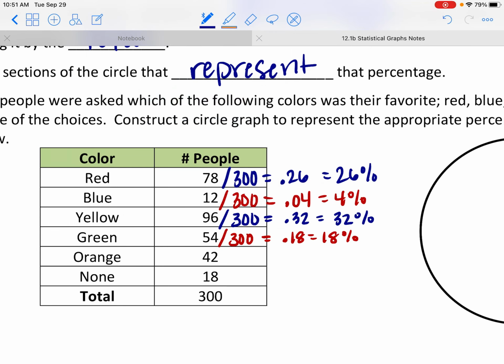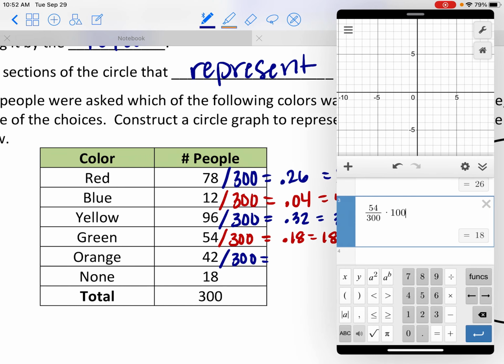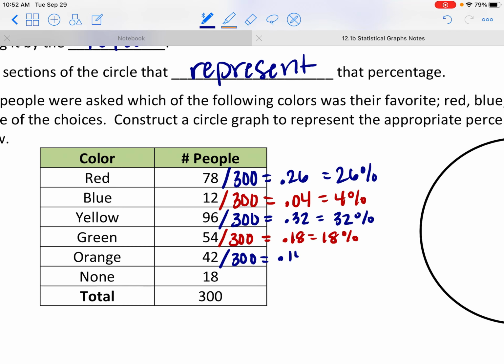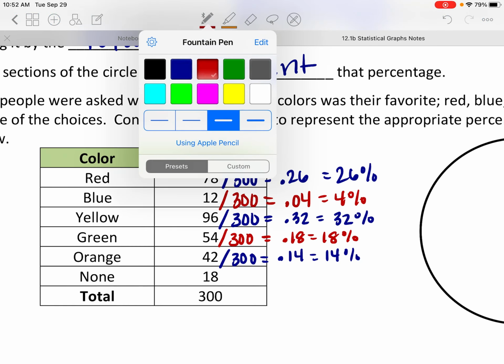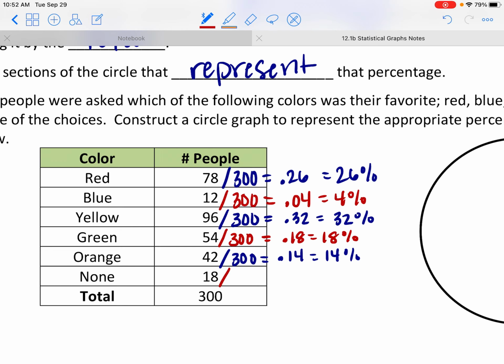And then 42 people said orange. So 42 over 300 is 14%. And then lastly, 18 people said none of these were their favorite color.